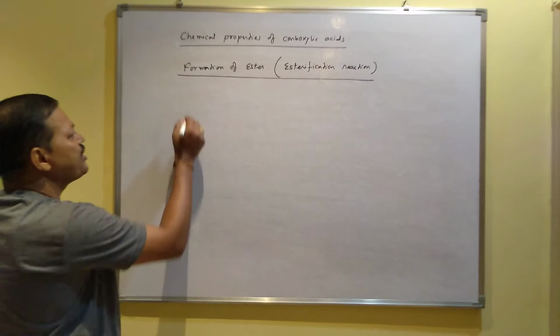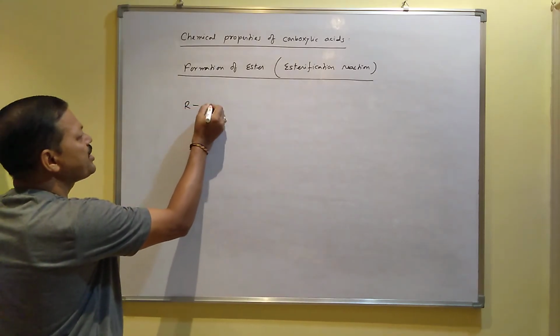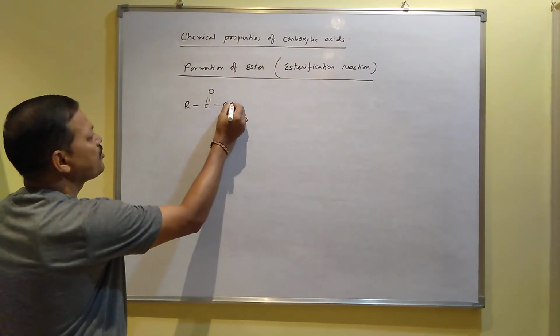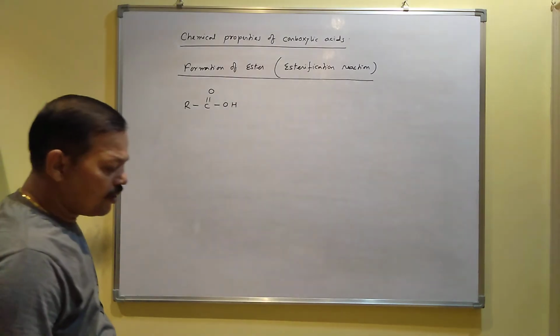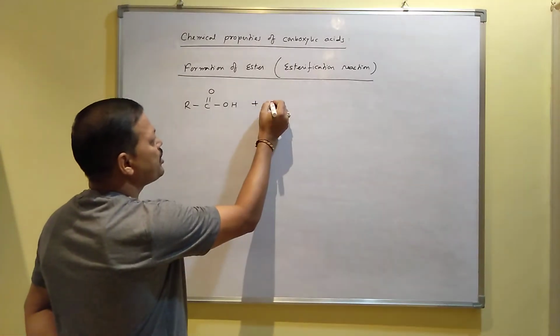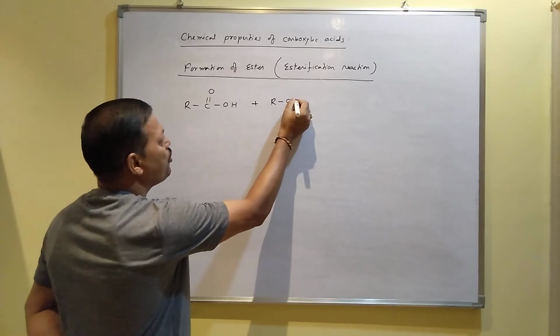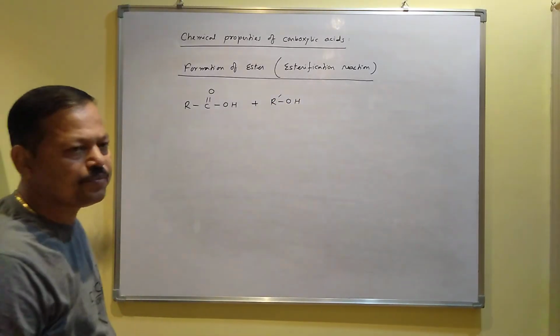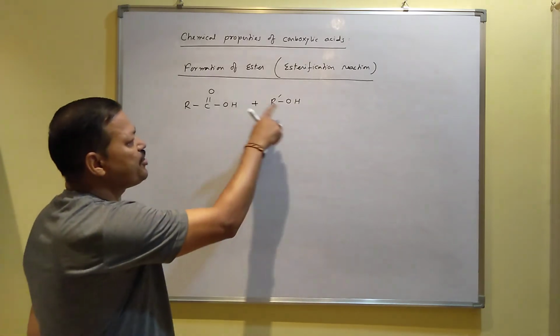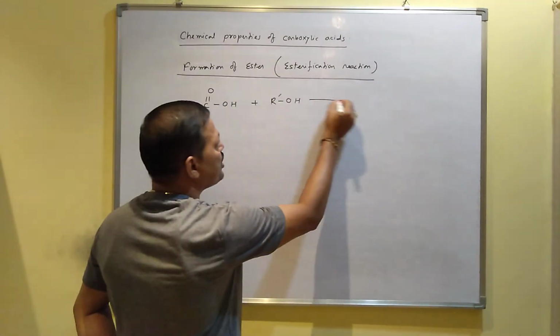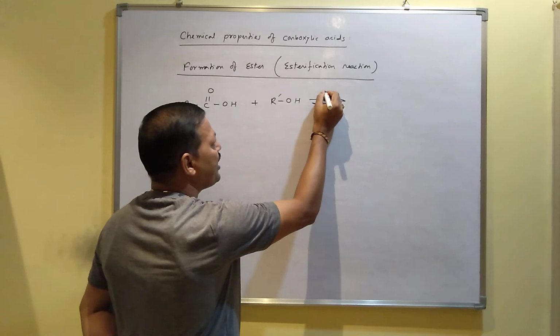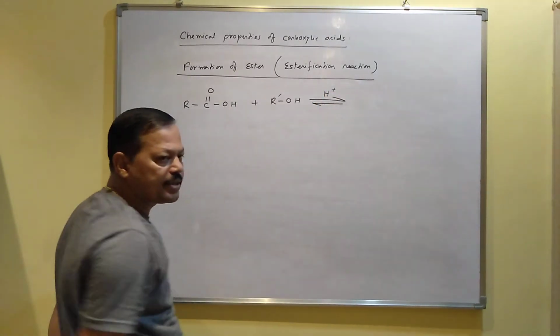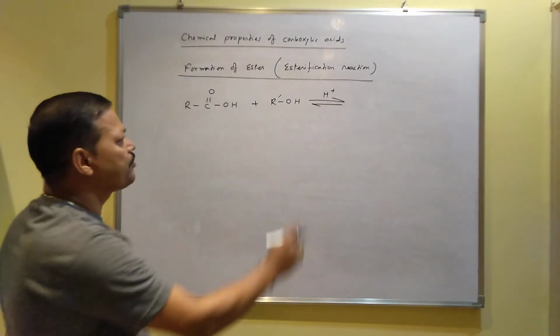The reaction is like this. This is one carboxylic acid, RCOOH, and this is one alcohol, ROH. To distinguish the R, you can write R dash. When carboxylic acid reacts with alcohol, this reaction is reversible and acid is required to carry out the reaction. H plus represents acid.